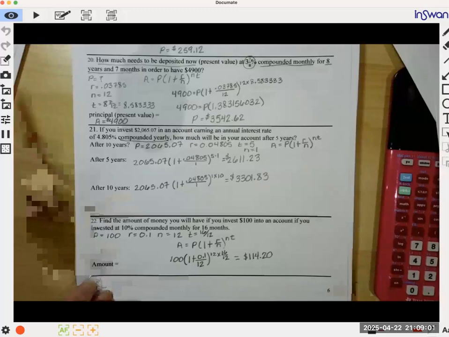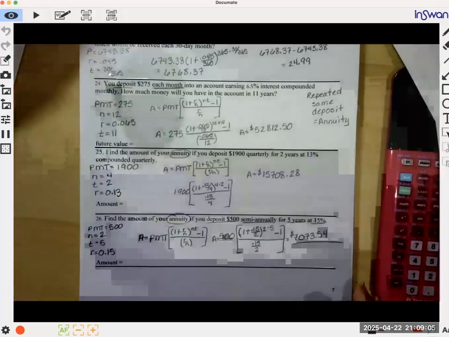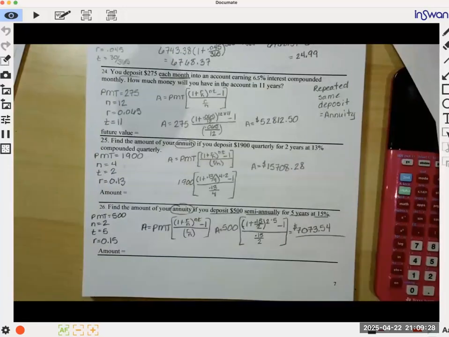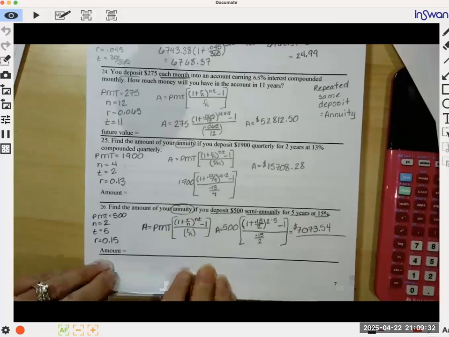All right, ready for the next page? Yes. Bottom half. Got it. And top.